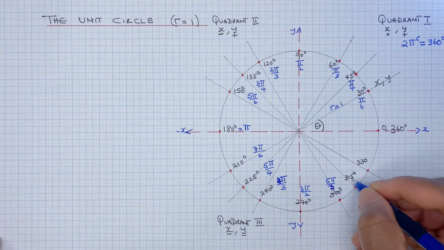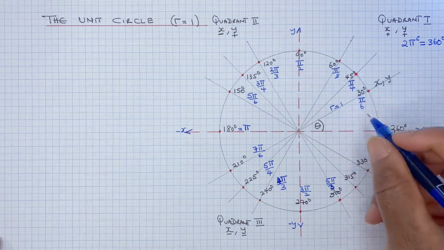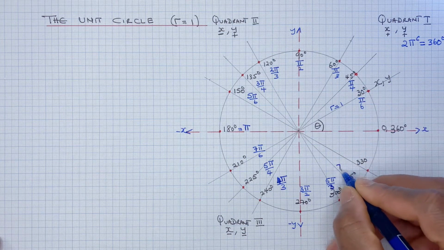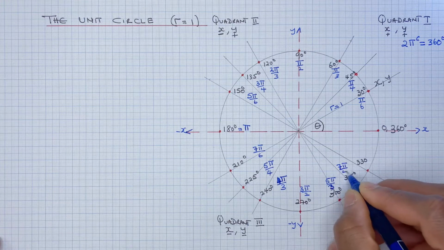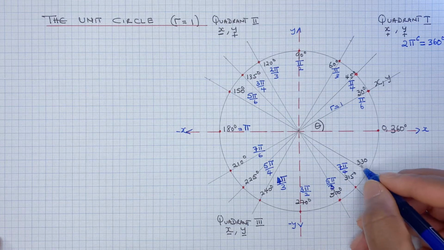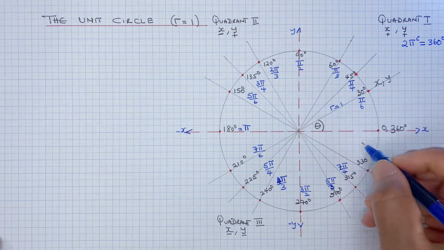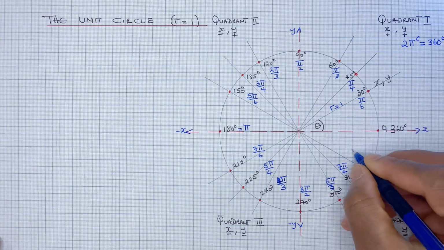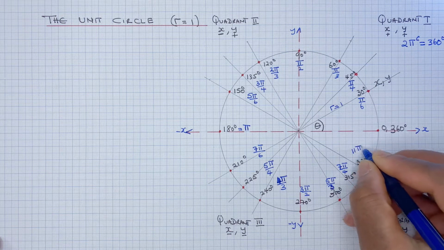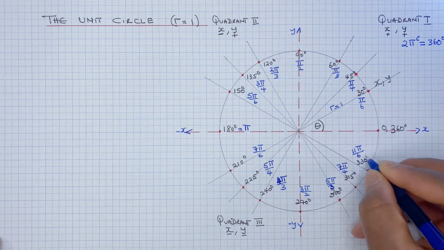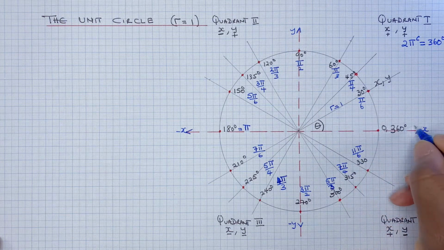Now, 315. If you times 45 by 7, you get 315. So 7 pi over 4. If you times 30 by 11, you get 330. So 11 pi over 6. And this is 2 pi for 360.